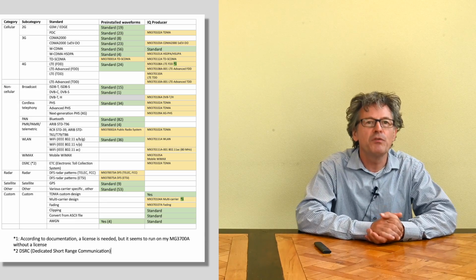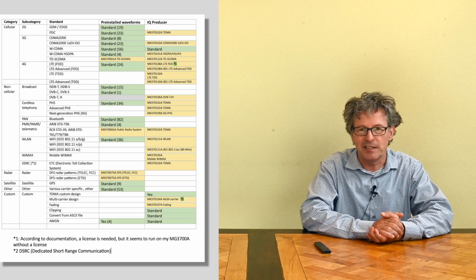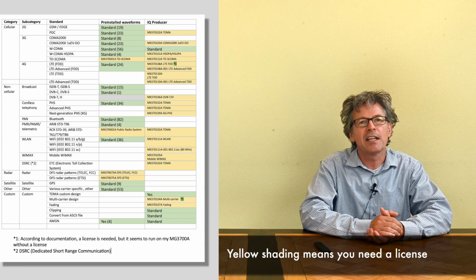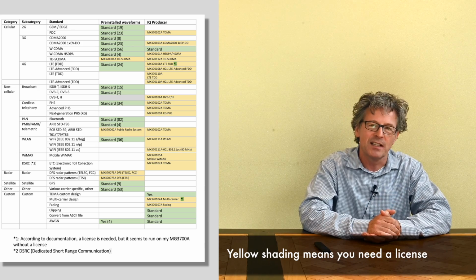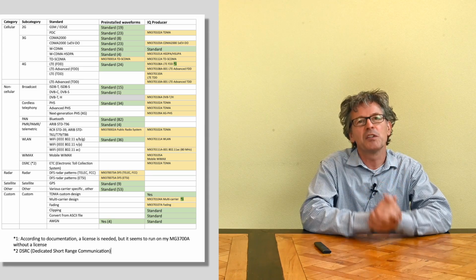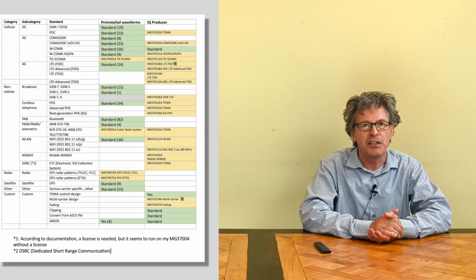I showed you a table before of built-in waveforms, and I'm now showing you a table of waveforms from the software. How does that relate to each other? I tried to make an overview table here that has both of the categories. I'll post them somewhere on my website, and you see they're kind of complementary. It's not exactly the same waveforms. Some of them are available as pre-recorded, some of them are available for constructing your own with your own parameters in IQproducer.